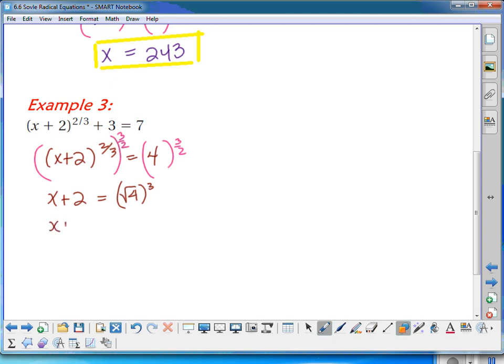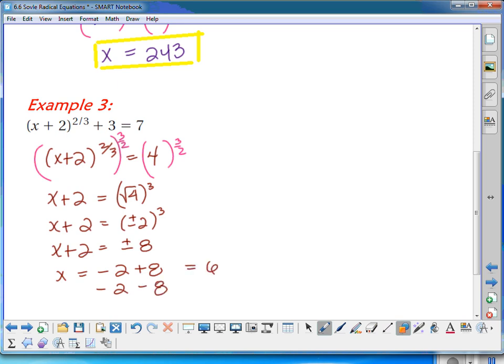So that means that x plus 2 could be positive or negative 2 cubed, which would be positive or negative 8. And so that means we're going to have 2 answers for this one. So when I subtract 2 from both sides, it's going to either be negative 2 plus 8, or negative 2 minus 8. And so it could be a positive 6, or it could be a negative 10.